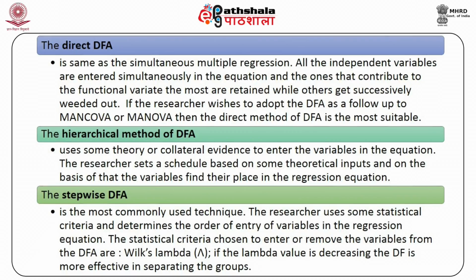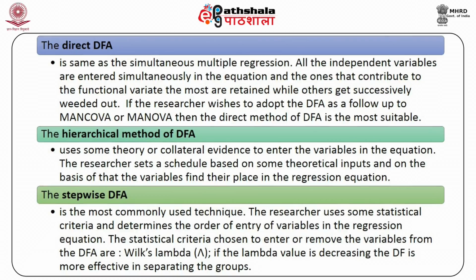The other method, that is the hierarchical method of DFA, uses some theory or collateral evidence to enter the variables in the equation. The researcher sets a schedule based on some theoretical inputs, and on the basis of that, the variables find their place in the regression equation.